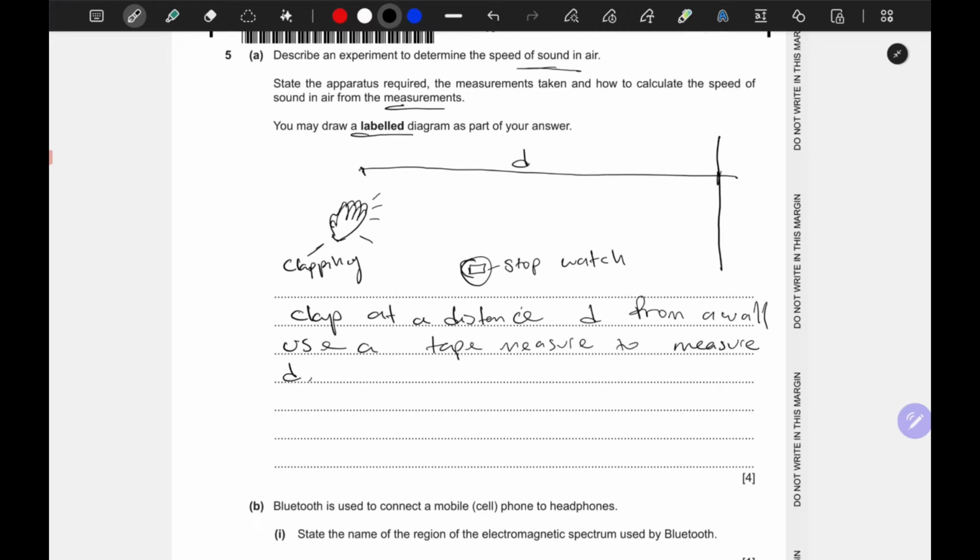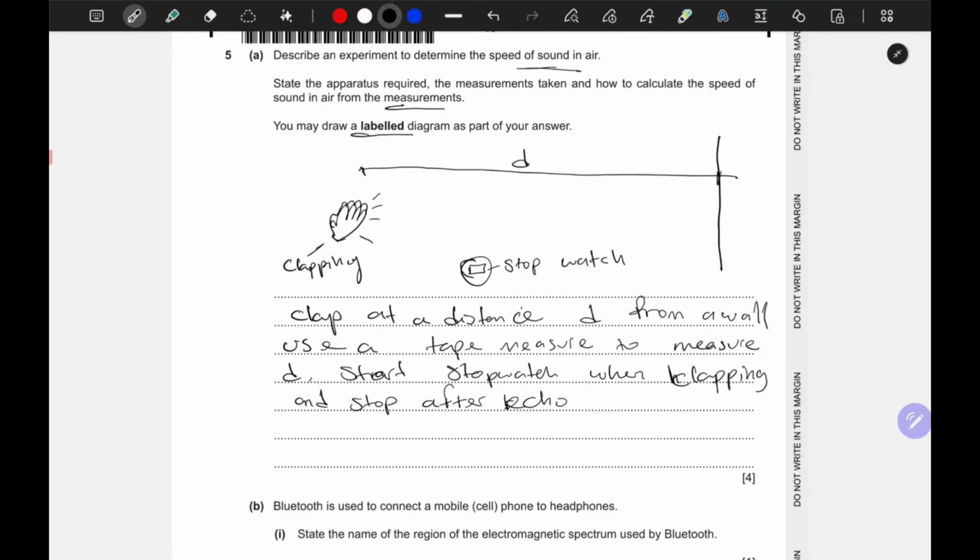After that, start the stopwatch when clapping, and stop after hearing the echo.